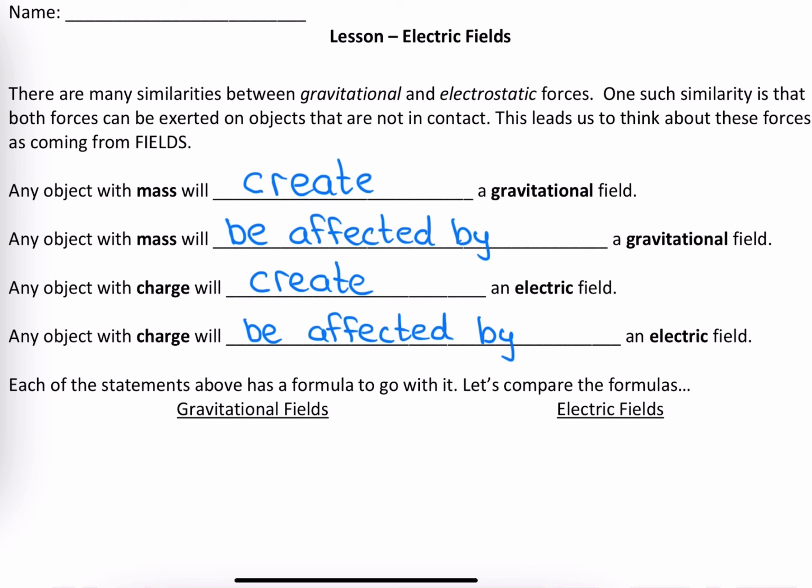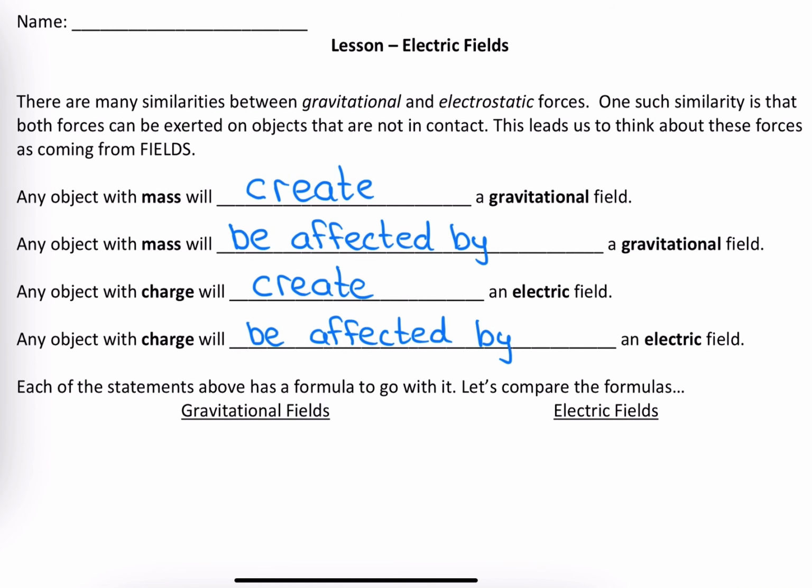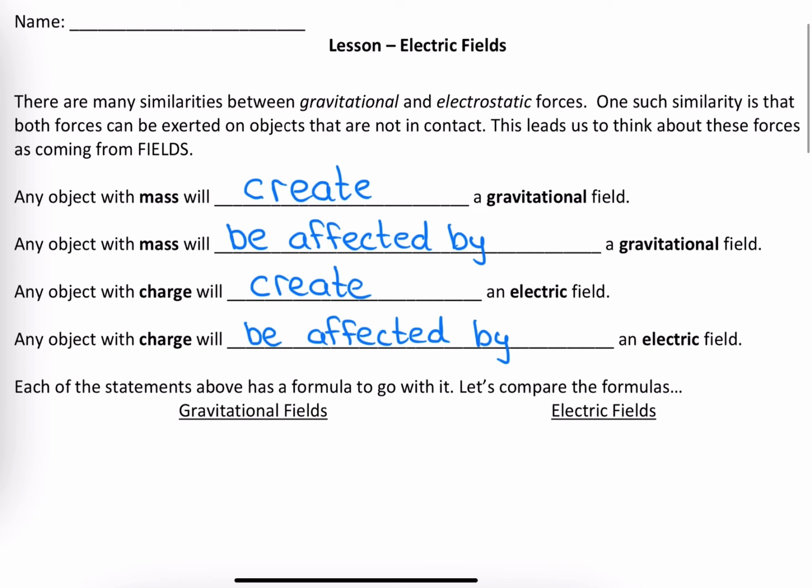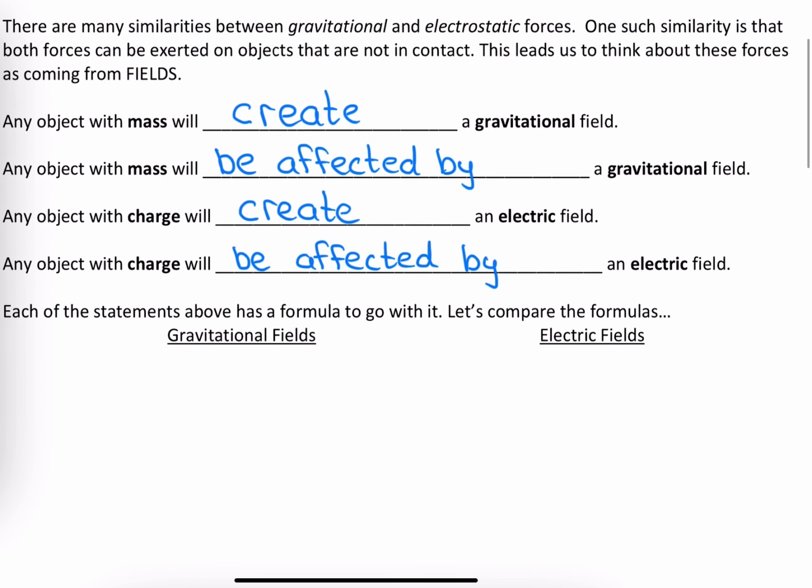And when we say be affected by, we really mean will experience a force. Okay, so I like to start with these statements because they, in my mind, lead us nicely into the formulas we have for gravitational fields and electric fields. So let's look at those next.